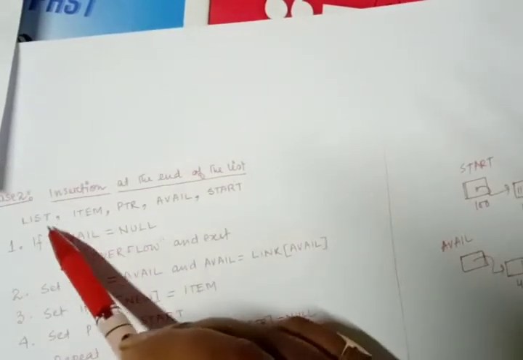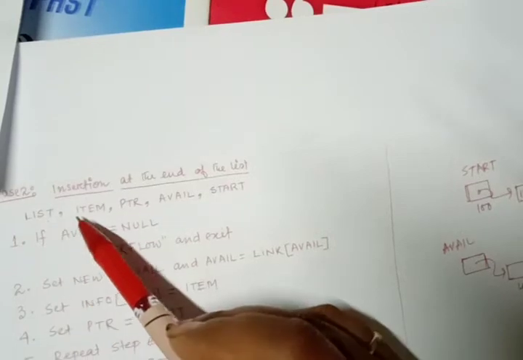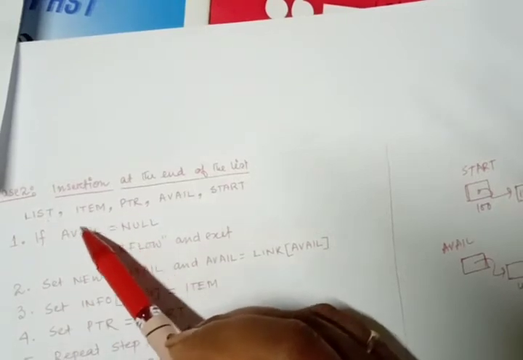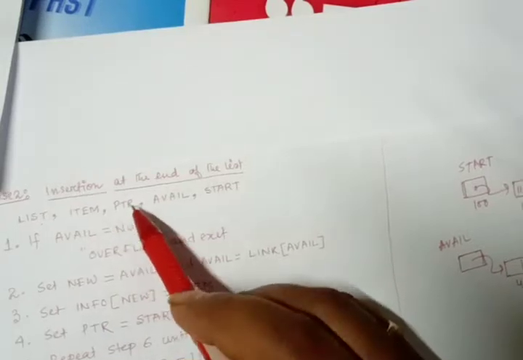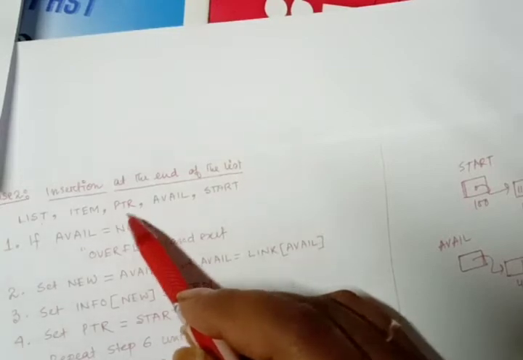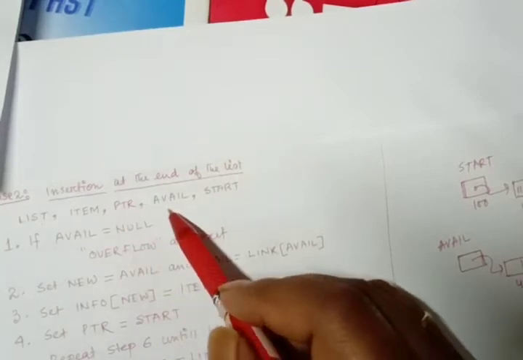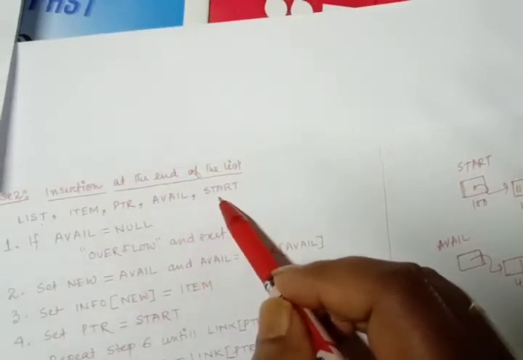Suppose the list is a linked list which is in memory, and item is the information of the item that we will insert at the end of the list. ptr is the pointer variable which will trace the linked list, and avail is the available address of the available list, and start is the starting address of the used linked list.